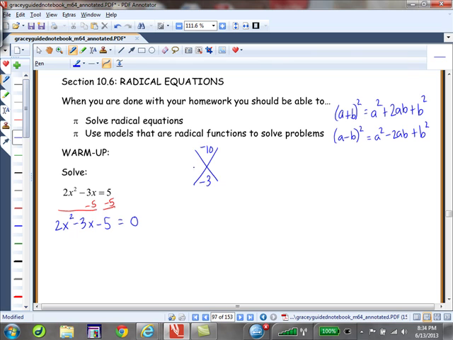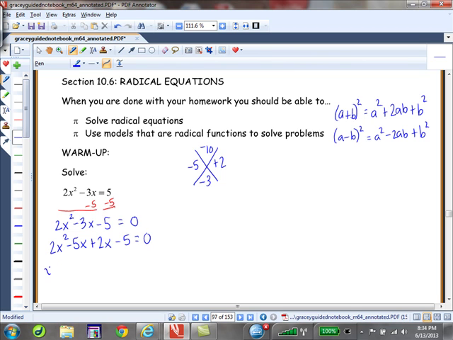So the two numbers that fit the bill are negative 5 and positive 2. They have a product of negative 10 and they combine to be negative 3. So rewriting this, we will have 2x squared minus 5x plus 2x minus 5 is equal to 0. So I rewrote the negative 3x as negative 5x plus 2x.